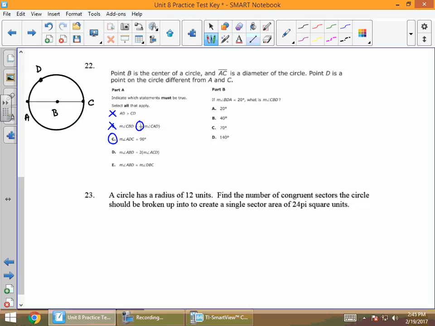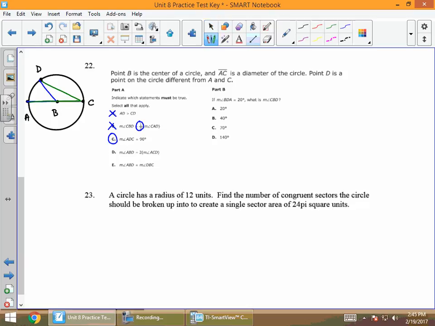All right, letter D says angle ABD has to be twice as big as ACD. So ACD is an inscribed angle.